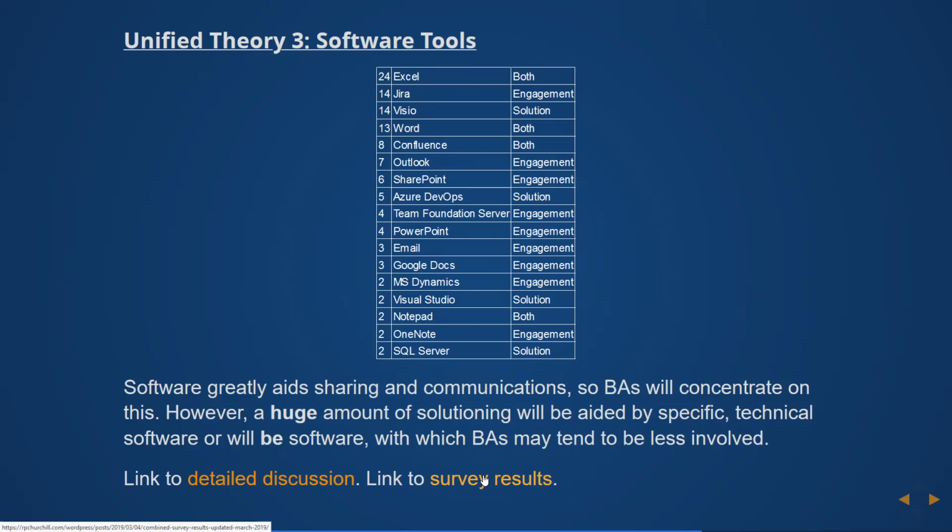I'm sure some of the collaboration tools have drifted some as different things are happening in the industry. I will note that Excel and Visio are very important and powerful tools in business analysis. I live and die by those things. Your mileage may vary.